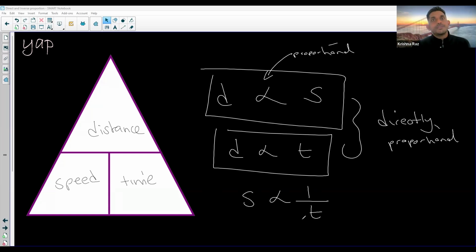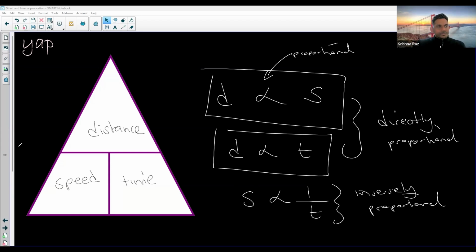Exactly, it will half. We treble our speed, what will happen to our journey time? It will go down by a factor of 3. We half our speed, the journey time will double. So this is an inverse relationship. We call that inversely proportional.